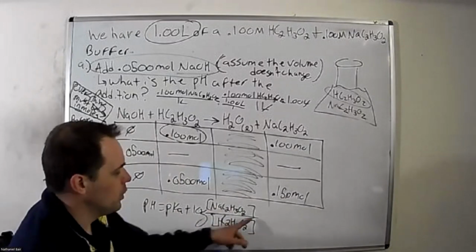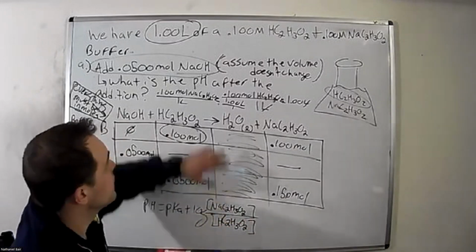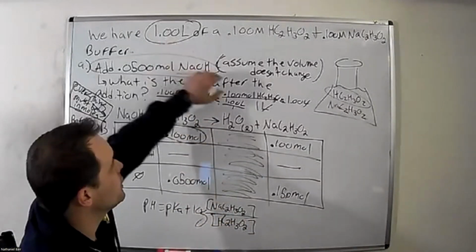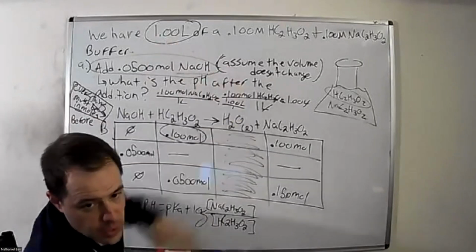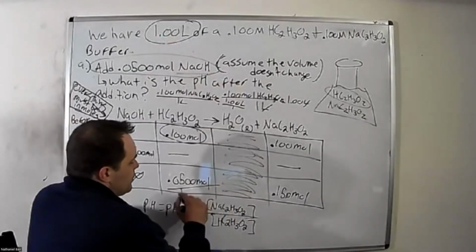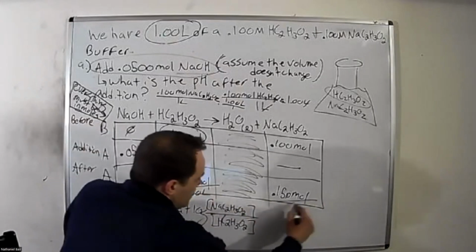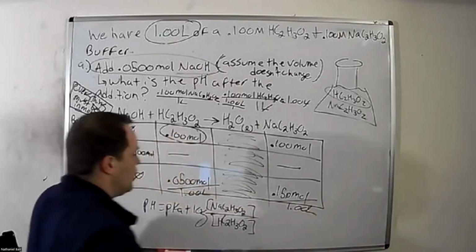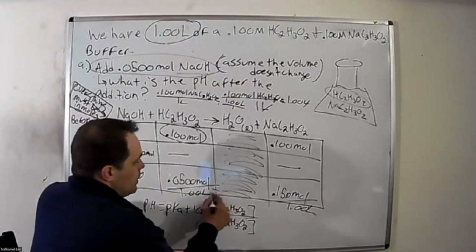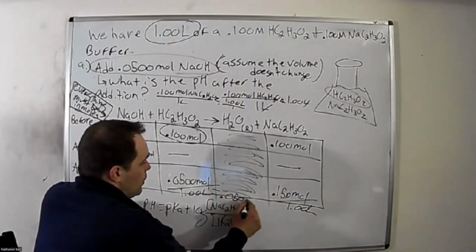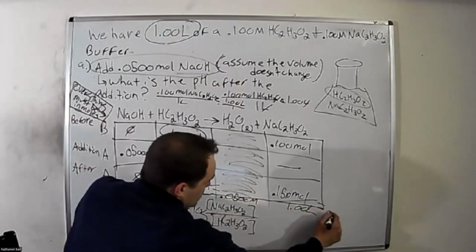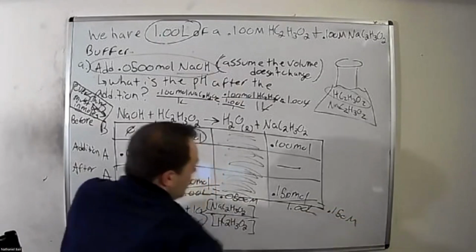So these have to be molar, they're concentrations. Now here's the good news. We said it was a 1 liter solution, and we assumed that adding the base didn't change the volume. So you just divide these by 1 liter again. And again, these problems are going to get more difficult. And this becomes 0.0500 molar, and this becomes 0.150 molar.